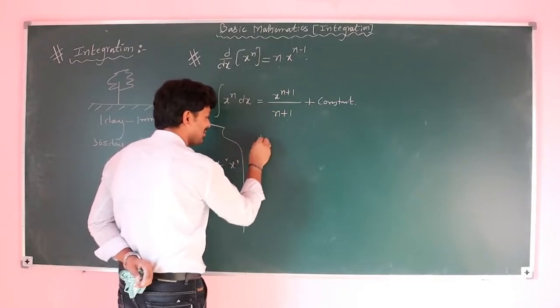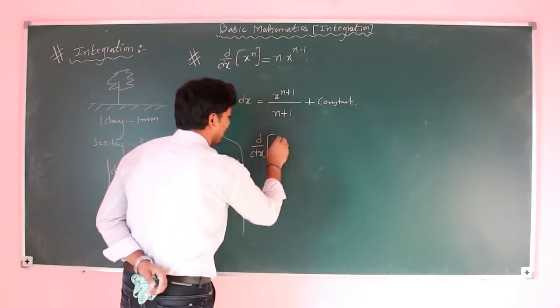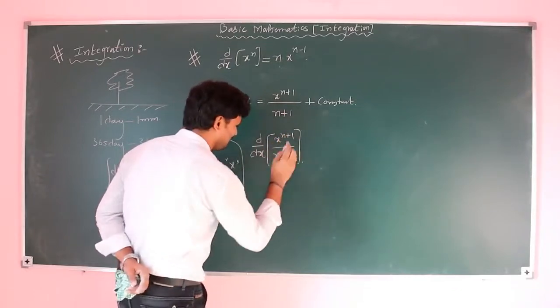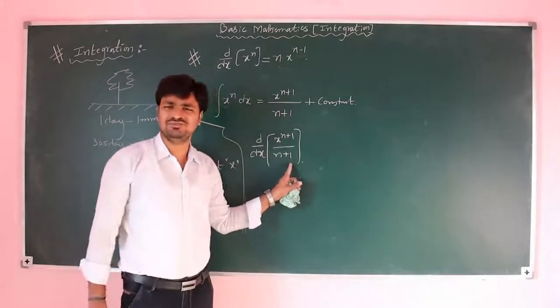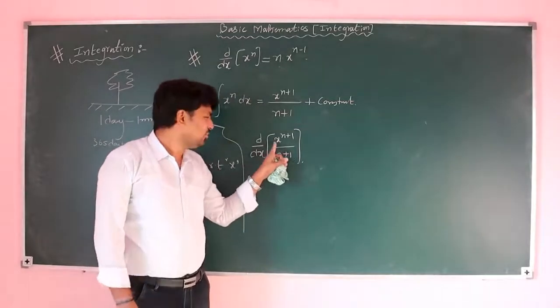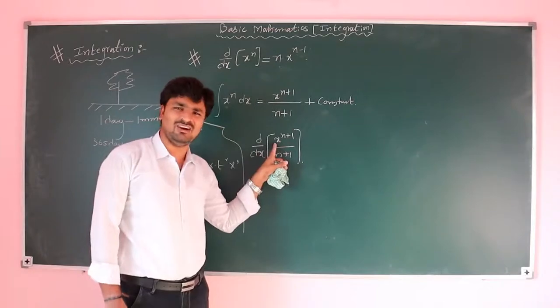Then what is the answer? You may be wondering. In x power n plus 1 upon n plus 1, the n plus 1 in the denominator is a constant, and there is no change from this constant. Now you can observe that the result looks like x power n only, right?